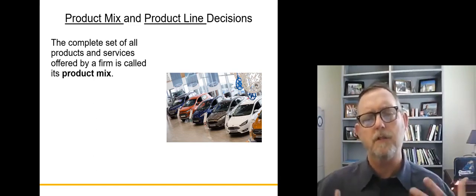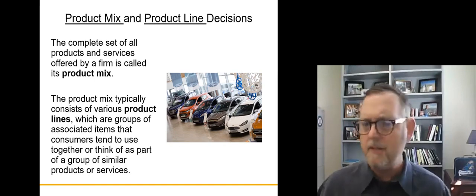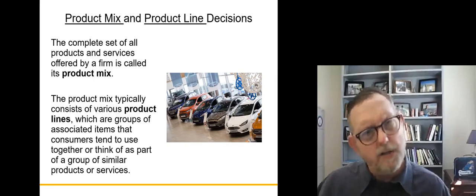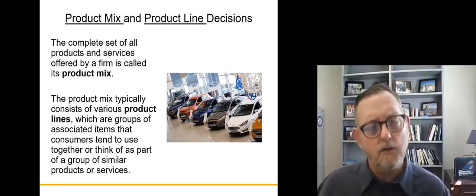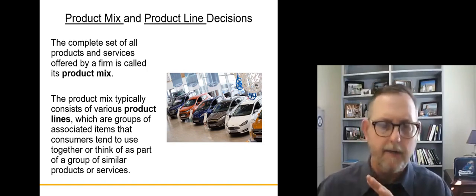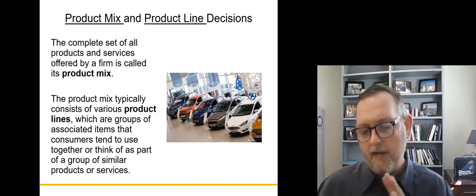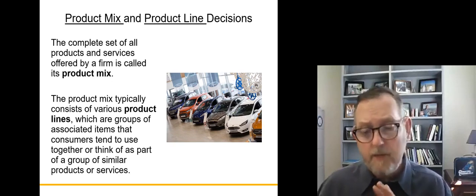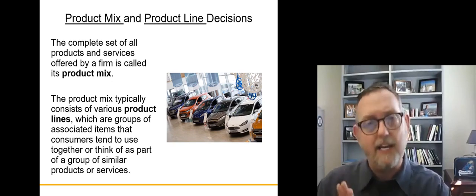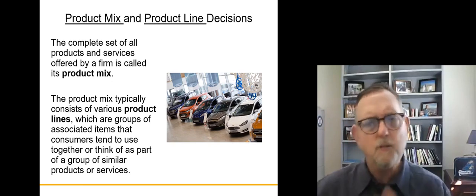Okay, so the complete set of the products is something that we might call a product mix. Typically we have different categories, and within each category we have a set of products, and we call that a product line. And so all the products in a product line have something in common, and they are all associated with the category that they're in.